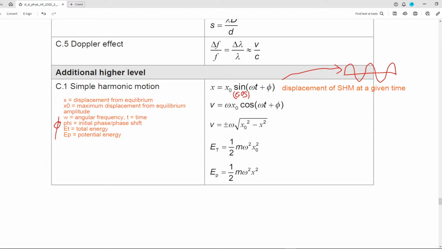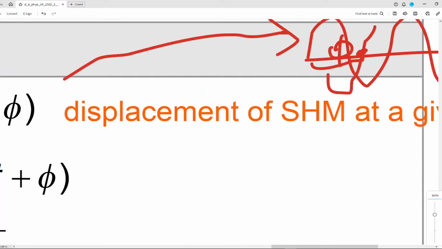If you have a phase shift, cosine would be exactly a pi half phase shift, because you shift everything over. So basically, if your oscillation doesn't start at equilibrium, maybe it starts down here, that is phi. That phase shift is phi. Let me zoom in.